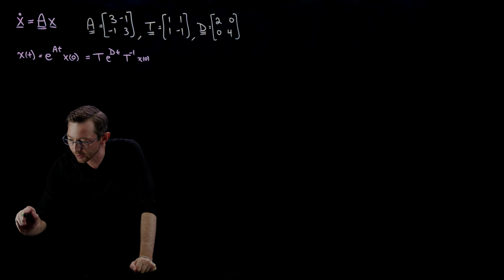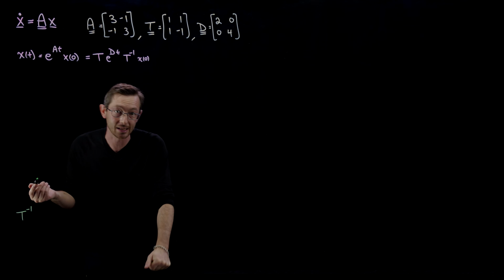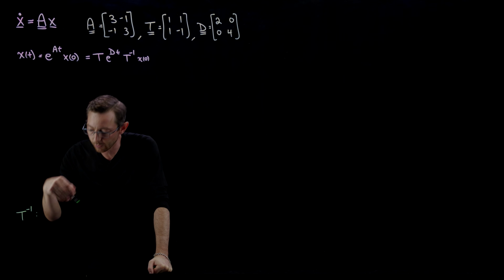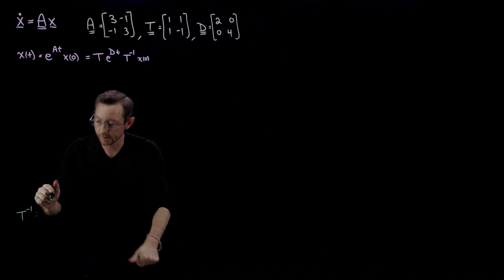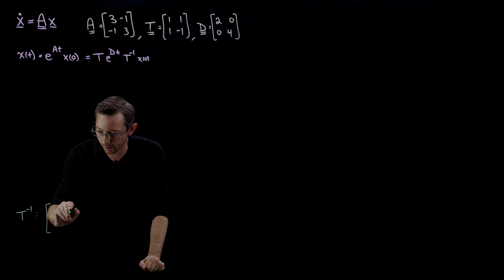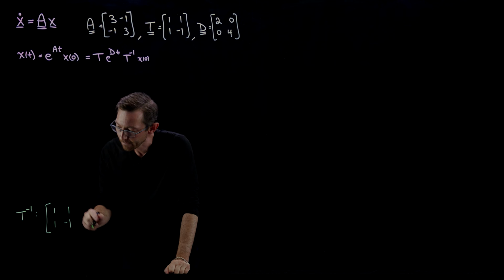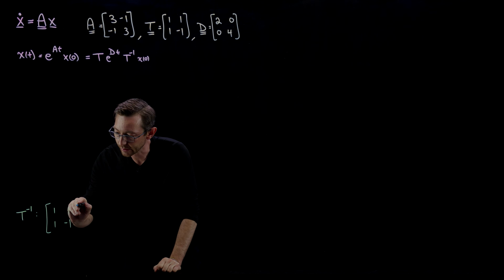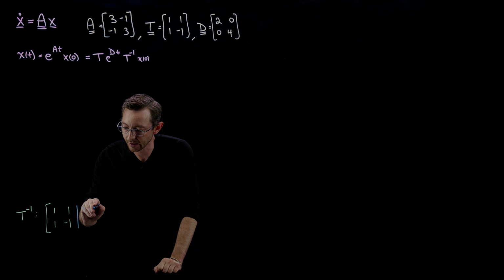So to compute T inverse, I still use the same technique that we were all taught in high school, where you go through a bunch of row operations. You start with the matrix you want to invert on the left, [1, 1; 1, -1]. This is just the T matrix. Next to it, you draw the identity matrix, [1, 0; 0, 1].